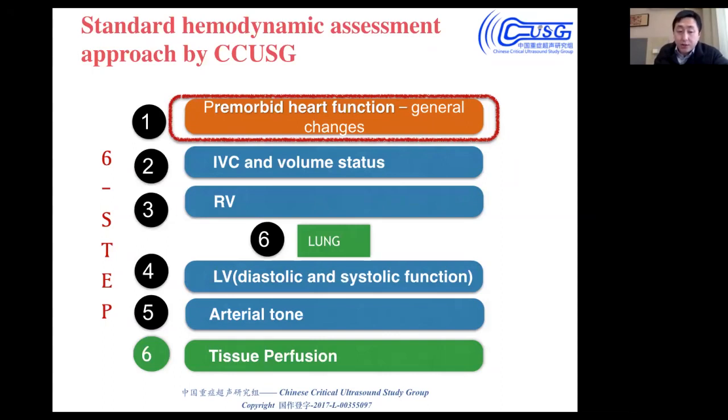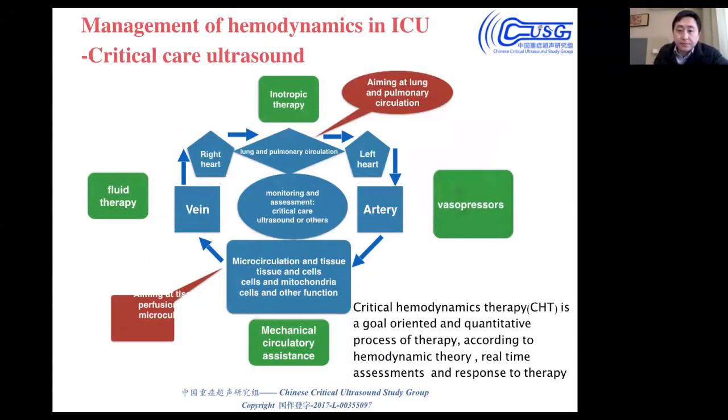And sixth, we should evaluate the tissue perfusion and the lung edema. This is the 6-step approach. With the 6-step approach, we can know more about the hemodynamic changes. Then we can give acute treatment to the patient.